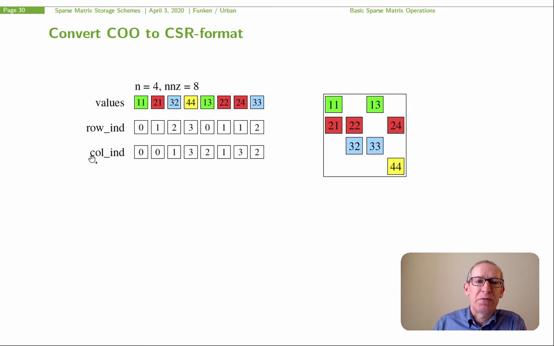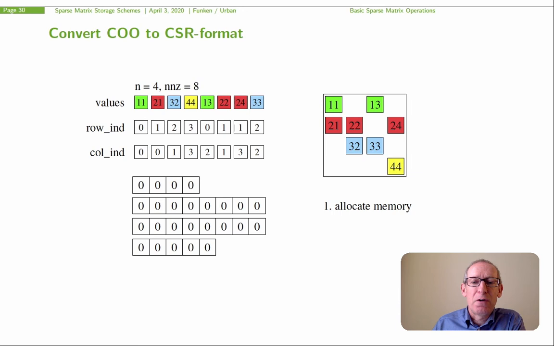As I mentioned before, a few comments on how to convert a matrix stored in coordinate format to CSR format. Given this matrix in coordinate format, these values are given in such a way, and here we store the row and the column index. How do we proceed to get the CSR format? Therefore, we first allocate the memory.